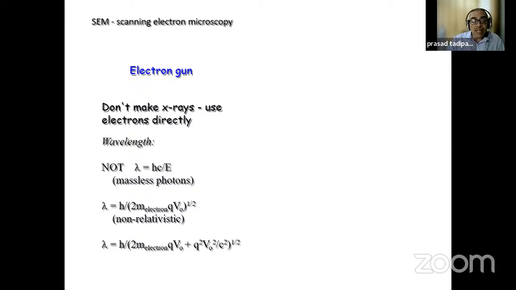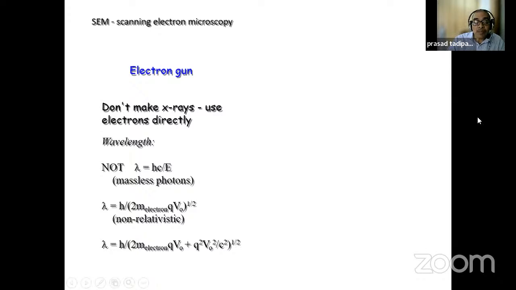Here a high voltage electric field, more than 50 kV, applied between a pair of metal plates accelerates the electrons. The accelerated electrons are then forced through a collimating aperture.